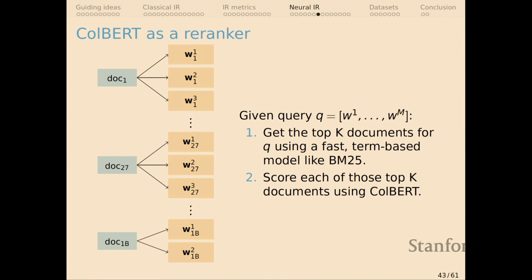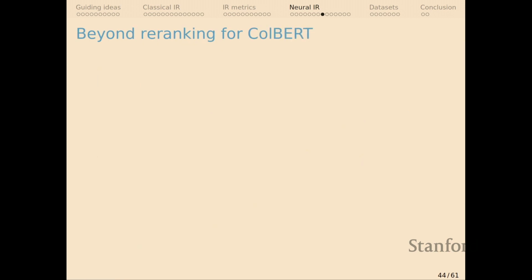And you're hoping that BM25 did a good job of getting you to that initial point. It's a very common application, and it can be really meaningful to re-rank that final set of K documents. But we could do a little better.